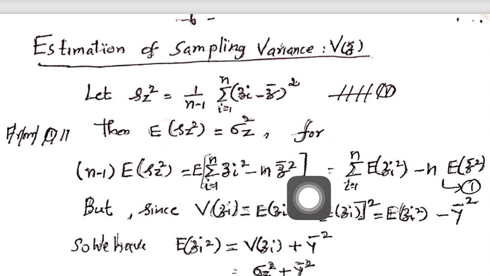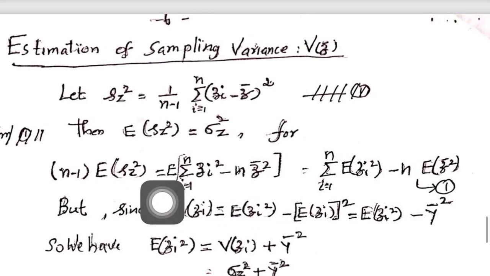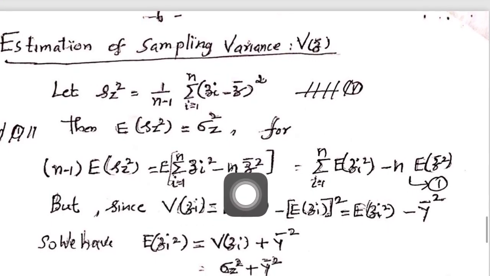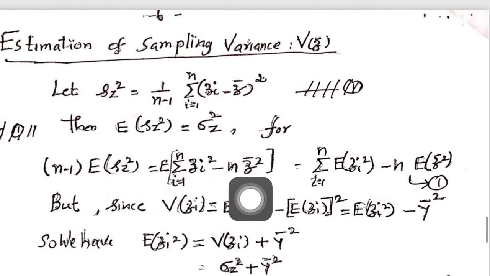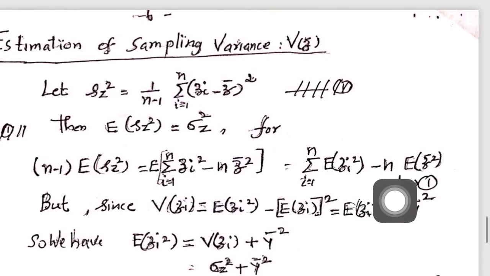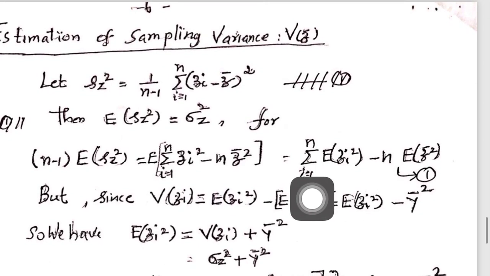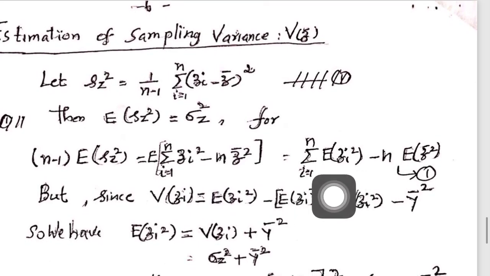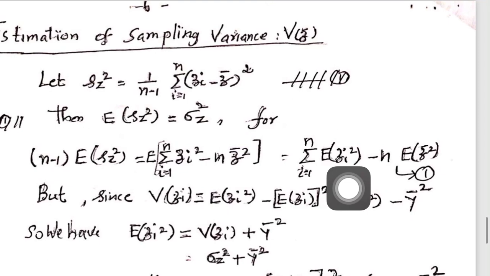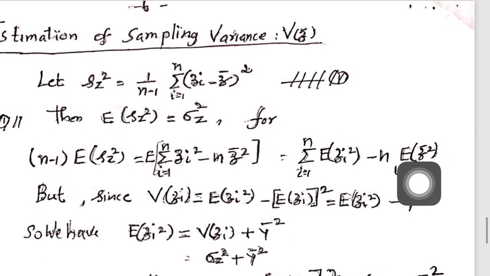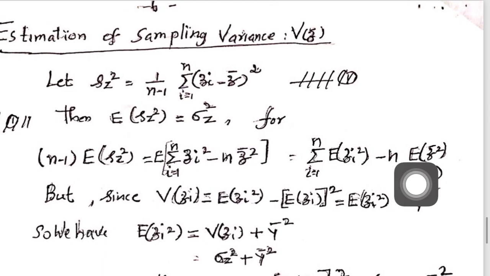It is only a computation formula. You take expectation of the difference of two terms, so this is nothing but expectation of the first term minus expectation of the second term. So this is sigma i equal to 1 to n expectation of zi square minus n times expectation of z bar square.